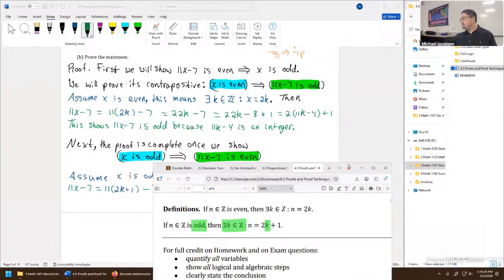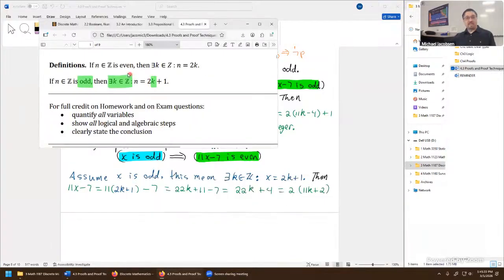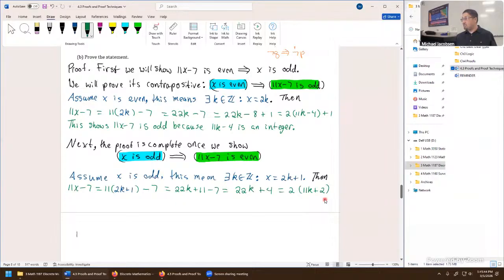Let's take a look at the essence of evenness once again. Even means you found an integer, you doubled it, and it's equal to the thing you're considering. N in this problem is 11x minus 7. We have our times 2, here it is, factored out. And the integer k is this, 11k plus 2. That's absolutely an integer. So our work is complete at this step.